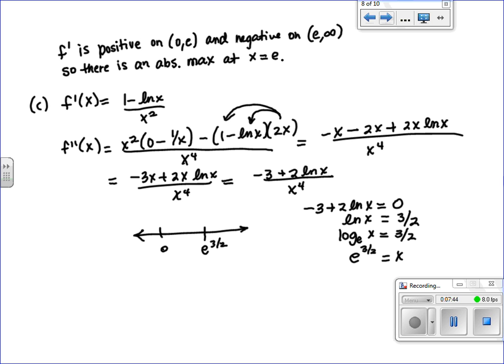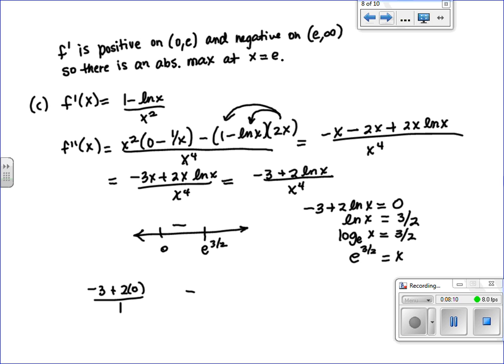So we can test a number between 0 and e to the 3 over 2, so 1. If I test 1 in f double prime, I get negative 3 plus 2 times natural log of 1, which is 0, all over 1. So that's a negative number. I test a number bigger, so let's try e squared. That would be bigger than e to the 1.5.